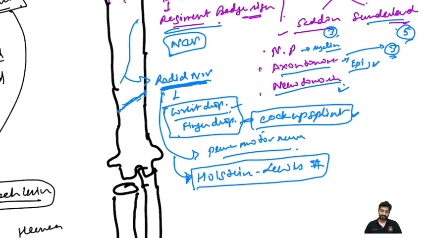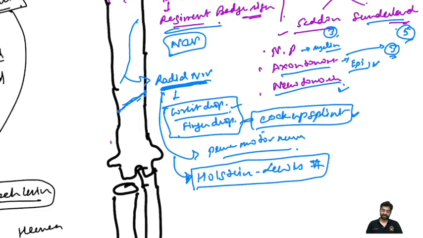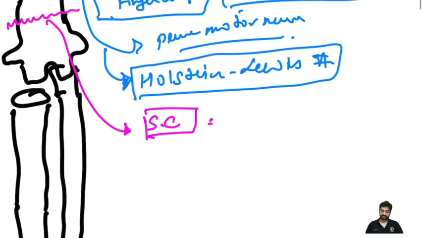Coming down, in the pediatric age group there is a fracture known as supracondylar fracture of the humerus. Let's discuss supracondylar humerus fracture.